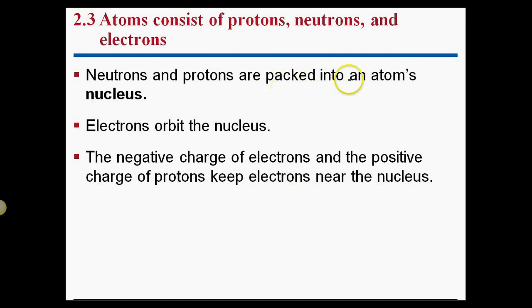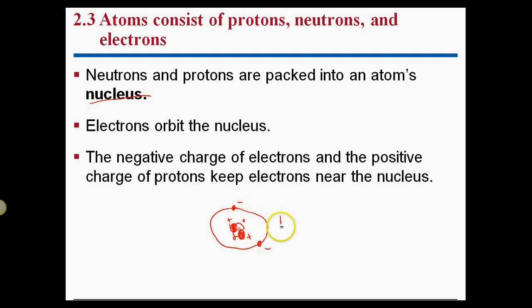Neutrons and protons are packed into the nucleus. Let's think about helium, which is a good one to think about. So here are my dark ones. These are going to be protons. Then I've got these other things here, and those are both neutrons. So protons and neutrons are found in the nucleus, and then orbiting around it, you would have your electrons.